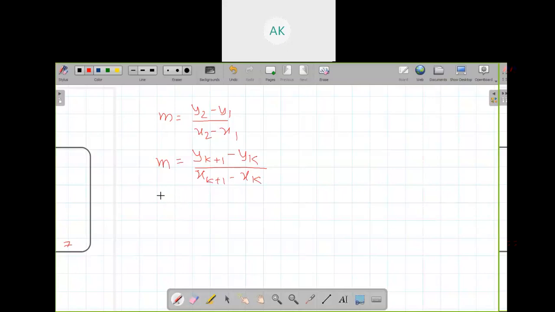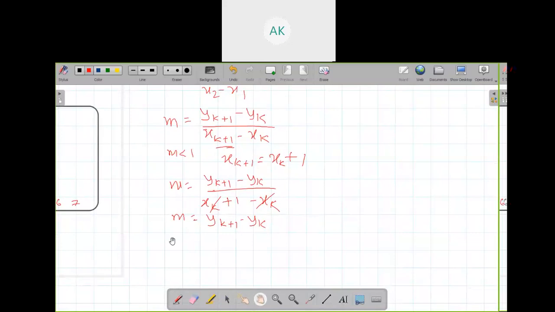Where m is less than 1, xk plus 1 will be xk plus 1, so you can substitute this value: m will be yk plus 1 minus yk, and xk will cancel out, so m equals yk plus 1 minus yk, which is yk plus 1 equals yk plus m when m is less than 1.